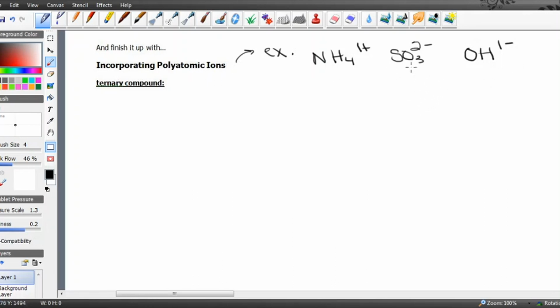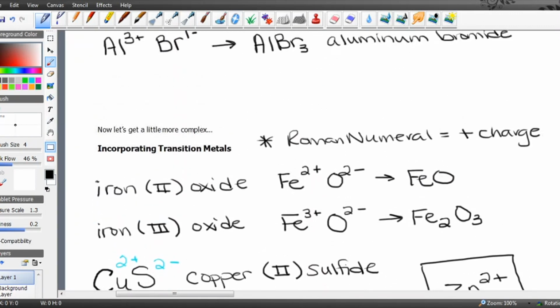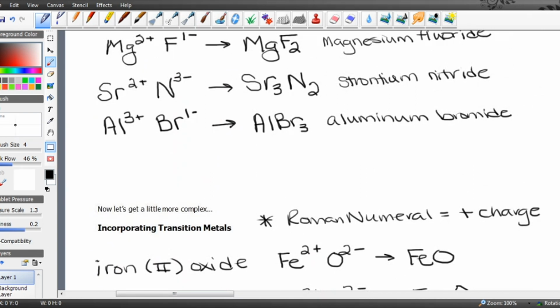There's tons of these, and I only want you guys to learn and memorize that list that I gave you. Okay, so when we have these polyatomic ions also in the mix in our ionic formulas, we end up with things called ternary compounds, and these contain 3 or more elements. So if we look up above to all of these other examples we've been doing here, you can see that all of these formulas only contained 2 elements, like nickel and oxygen, copper and sulfur, or aluminum and bromine, and strontium and nitrogen.